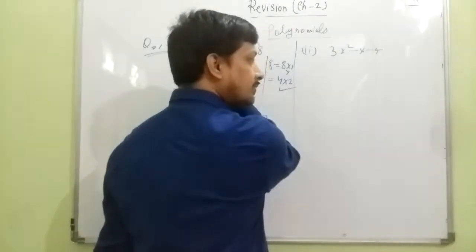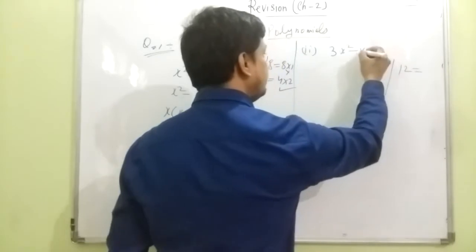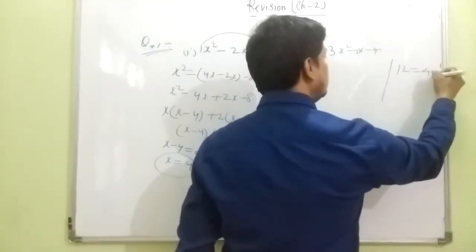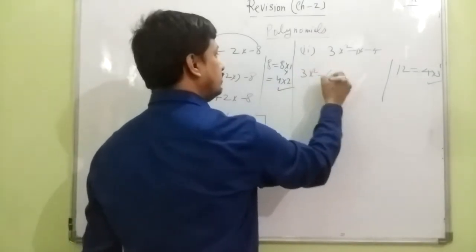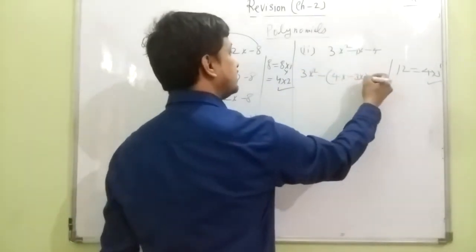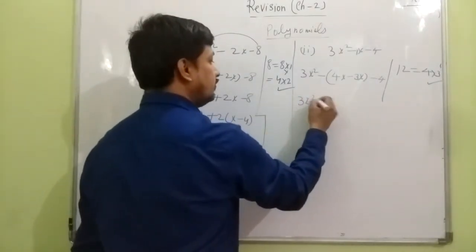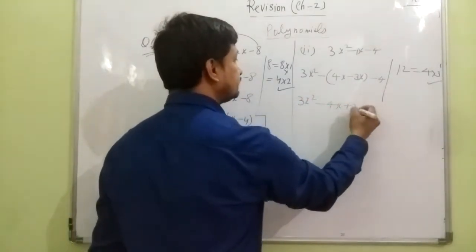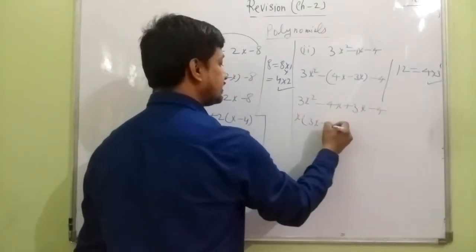And one more example we are having, 4 and 3, 12. The factors of 12 which give the difference as 1: 4 and 3. Yes, it will be accepted. So 4x minus 3x, you are splitting the middle term. Now open the bracket to give this. Now take x as common. It will give you 3x minus 4.